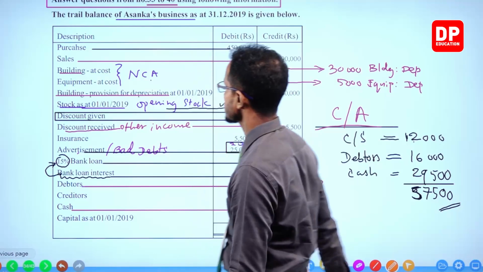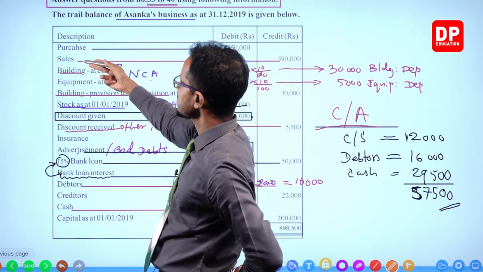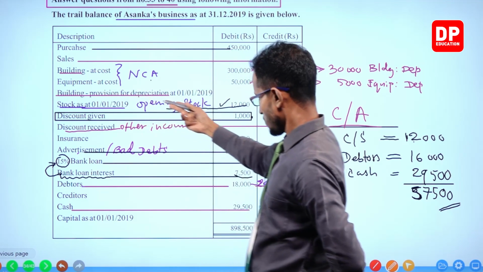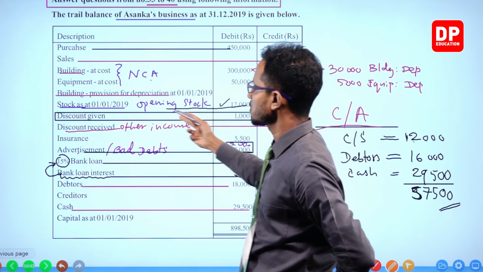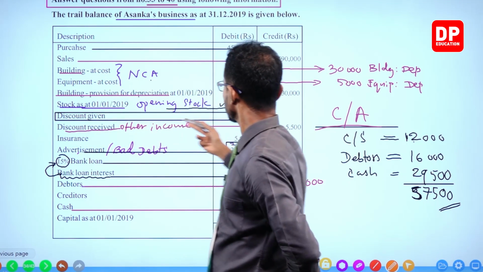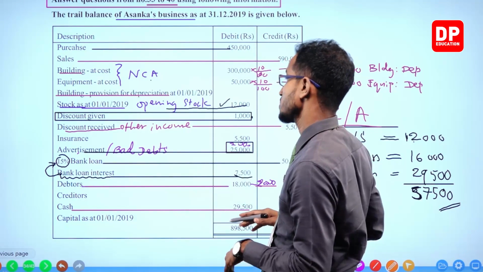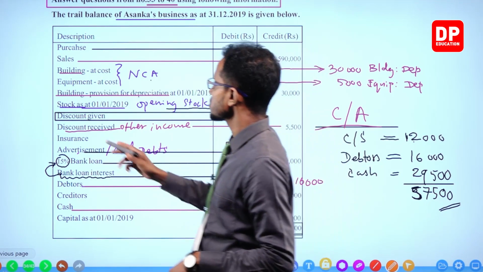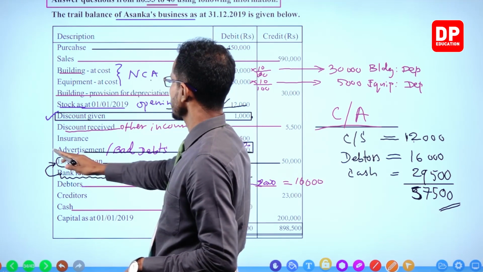Get the expenses. We have purchase, sales, building, equipments, provision for depreciation, stock, discounts given. Oh, we took the total distribution expenses. No need to take the distribution expenses again. So we have already taken this one and this one.